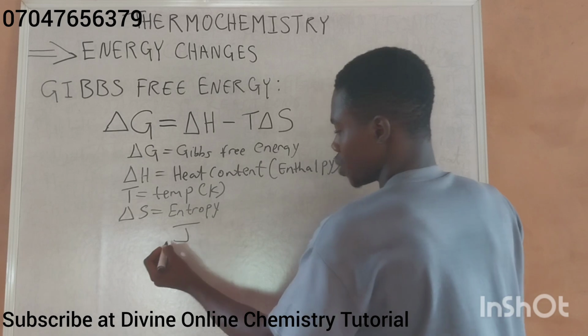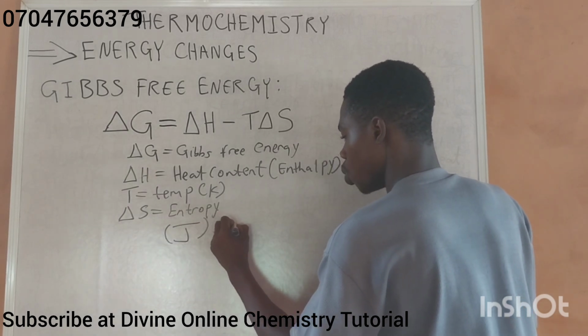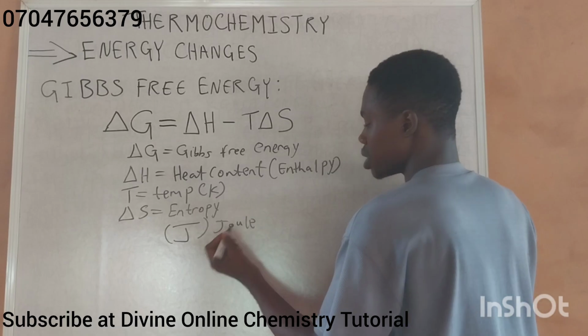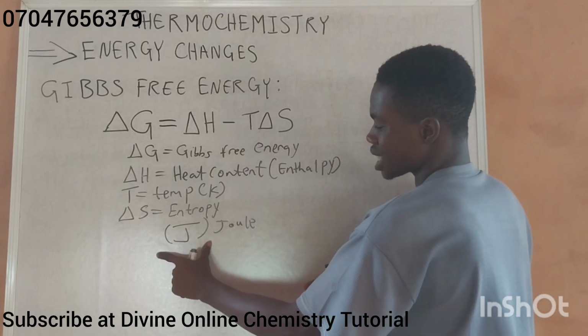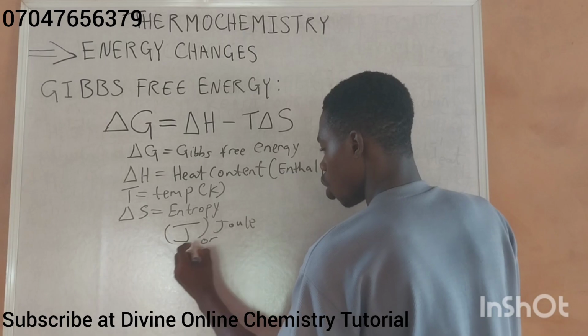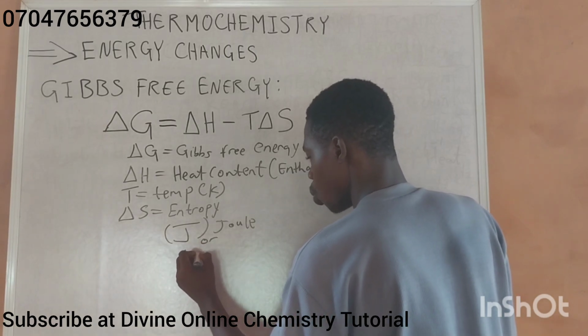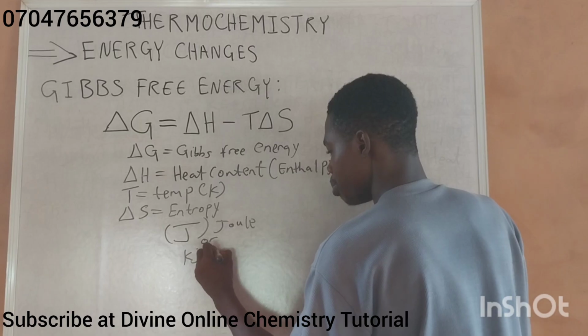You can write it like this, or you can also spell it, Joule. But it's advisable to write it with a capital letter J. Joules or kilojoules per mole.